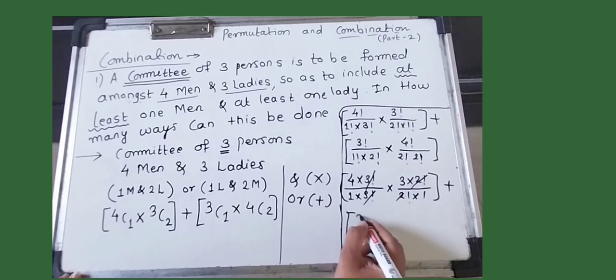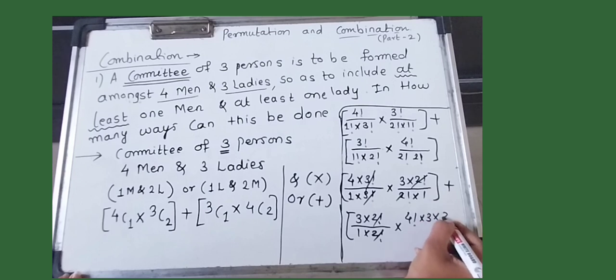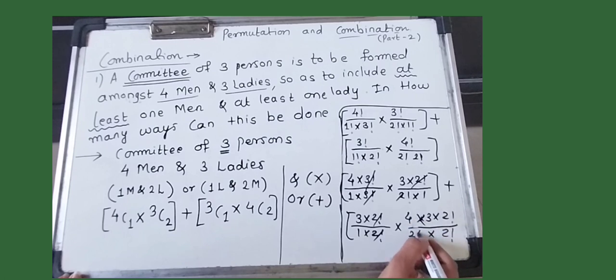In the second bracket, 3 into 2 factorial upon 1 into 2 factorial gets cancelled. 4 into 3 into 2 factorial, here 2 factorial as it is, and the second one is 2 into 1. Clear? 2 gets cancelled. Here 2.